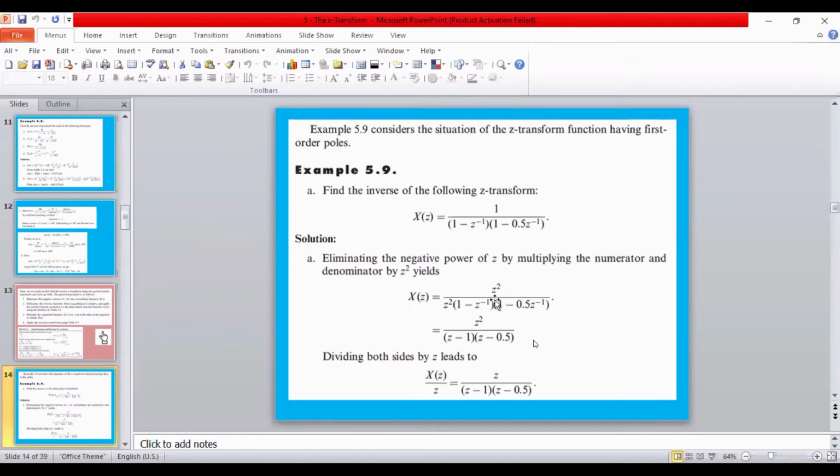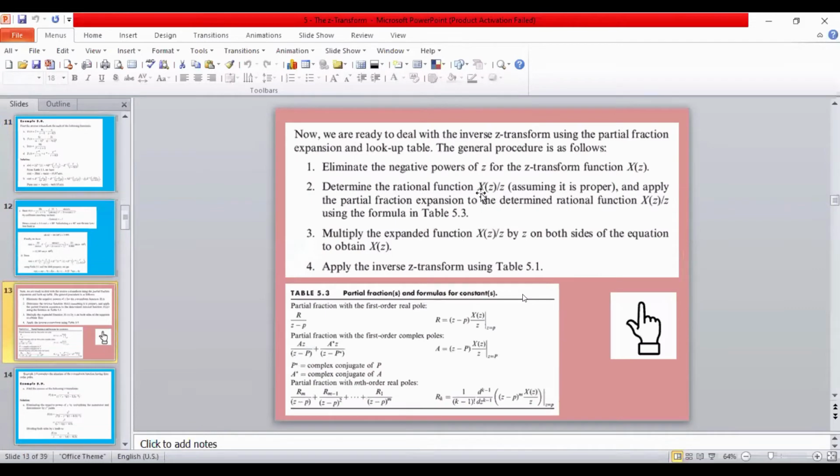It means you have to borrow 1 z from this fraction, right? That's why we now have not z squared, but simply z raised to the power of 1, because another z went to the denominator here. If you cross multiply these, you see that this is the same, right? So now this is the form that you have to use, okay? You have to determine the rational function, it's said in mathematical jargon.